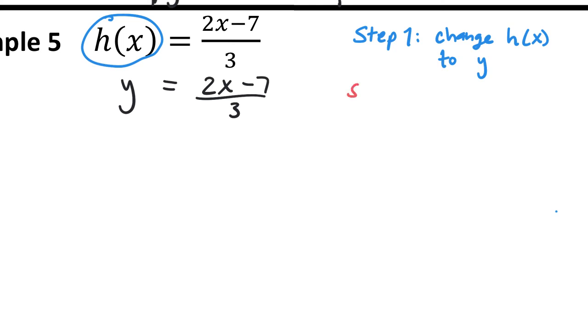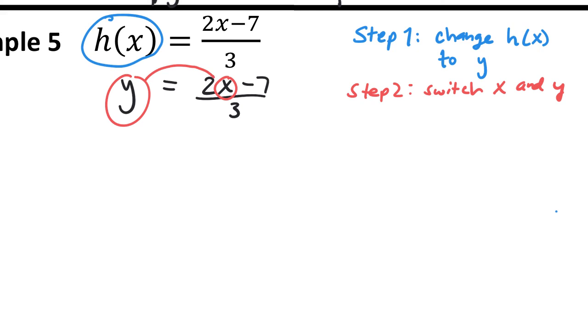Then step 2 says switch x and y. Switch x and y. So I'm going to put, I don't want to make it that big. x equals 2y minus 7 over 3.